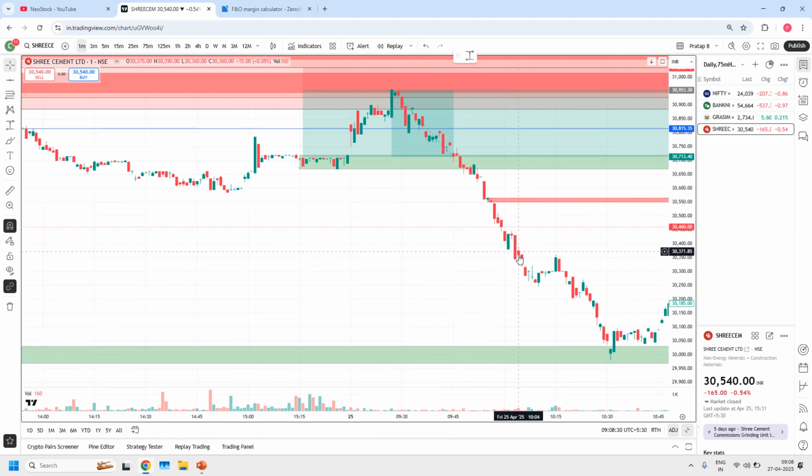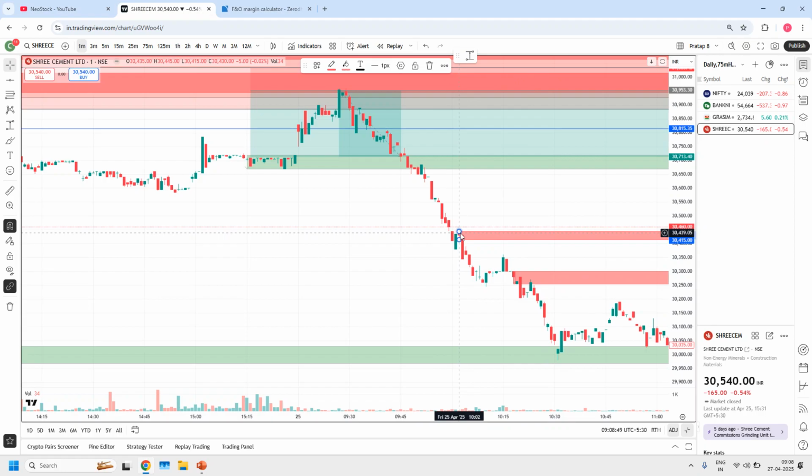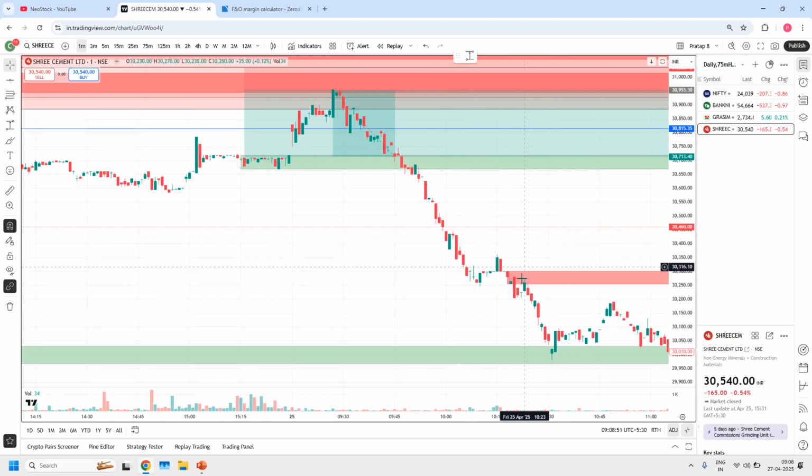Next this rally base drop. Next here, this drop base drop. Now you see how we are trailing the stop. Next, this drop base drop.